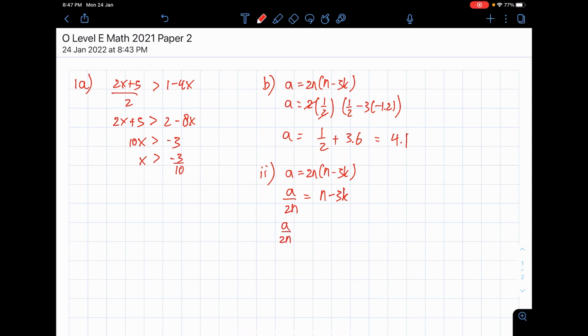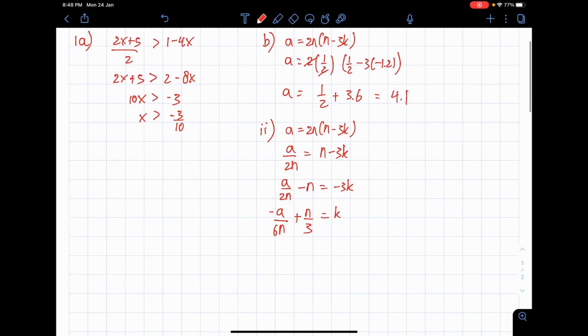So to speak, I got this fraction minus n equals negative 3k. And finally, I will divide everything by negative 3. Therefore the first fraction will become negative A over 6n, and the second one will be n over 3, positive as well. You can leave your answer like this, and there are actually many ways you can leave the answer for this question. Yeah, anyway, then the next is question C.